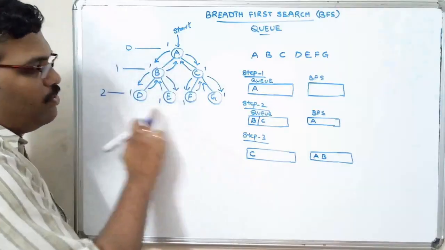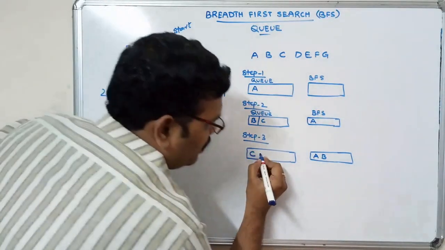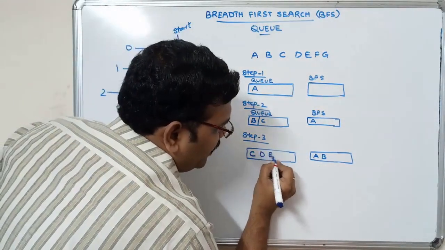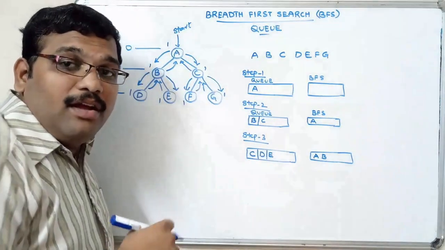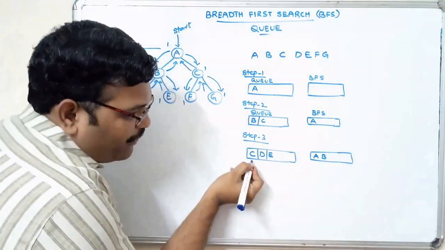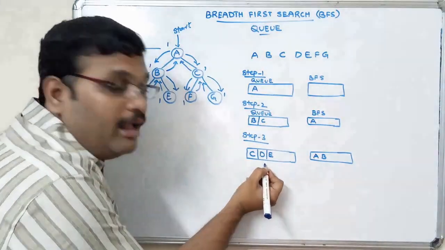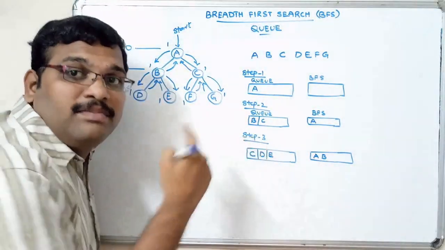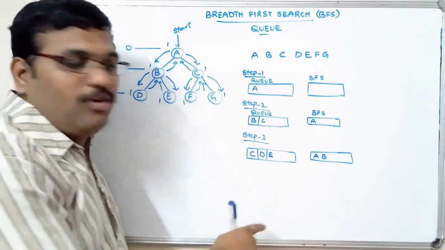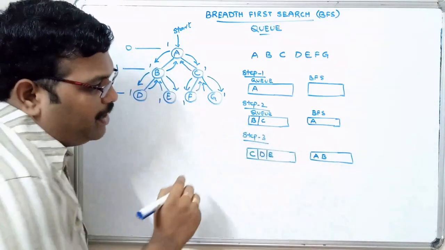What are the adjacent nodes of B? D and E. The insertion will take place at the rear end. This is the front. At the rear I have inserted D, and next at the rear I have inserted E. So at the rear end I am inserting the adjacent nodes of B, because we are removing B here.